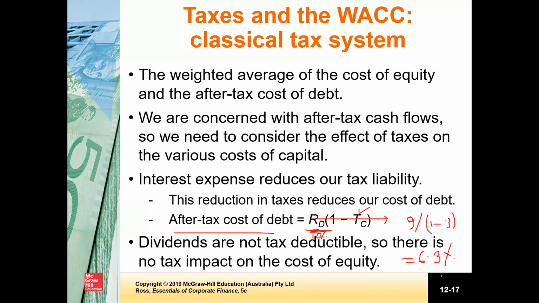Although you are paying 9% interest, since that reduces your taxable income, that reduces your taxes, so your actual cost of debt is 6.3%. That's how we calculate after-tax cost of debt in a classical tax system.